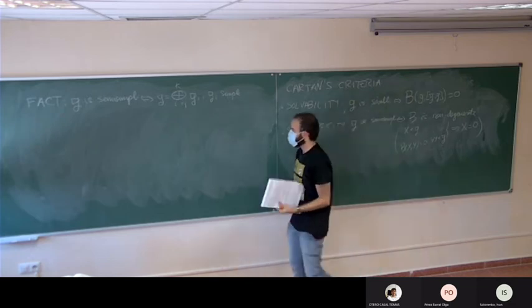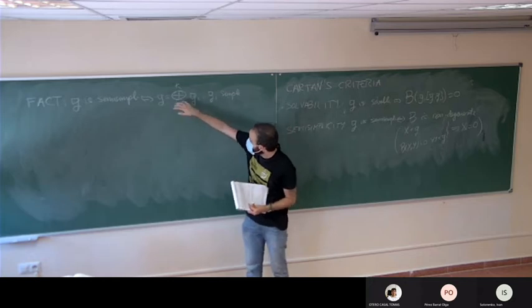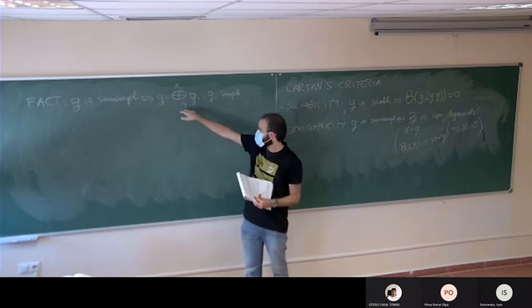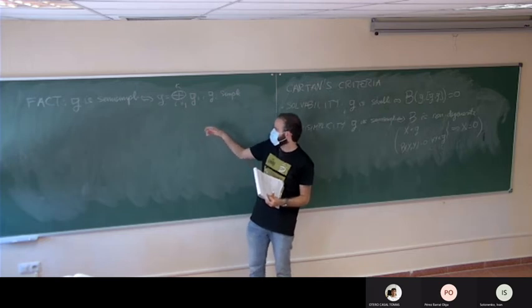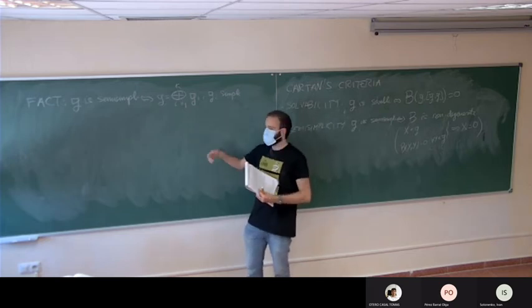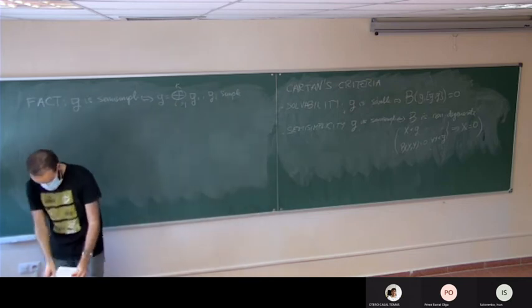In fact, the ideals of G are precisely all possible sums of subsets of these G_i's. So for example, G1 is an ideal, G1 plus G4 is an ideal, and so on. And the ideal must be of that form.